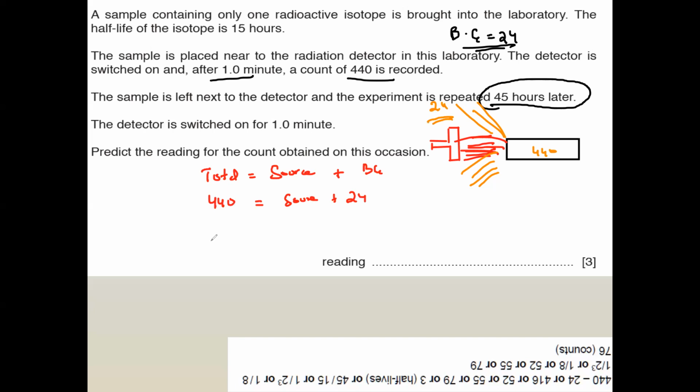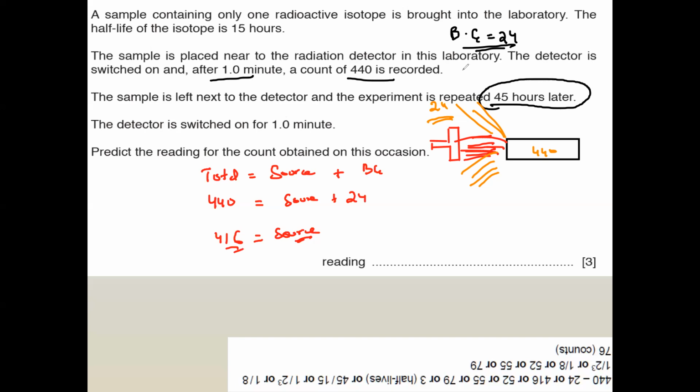So 24 will move to the other side: 440 minus 24, which is 416. So basically the radiation from the source is 416. Now we want to find what the reading on the detector will be. Only the source radiation will become half; the background radiation does not change.